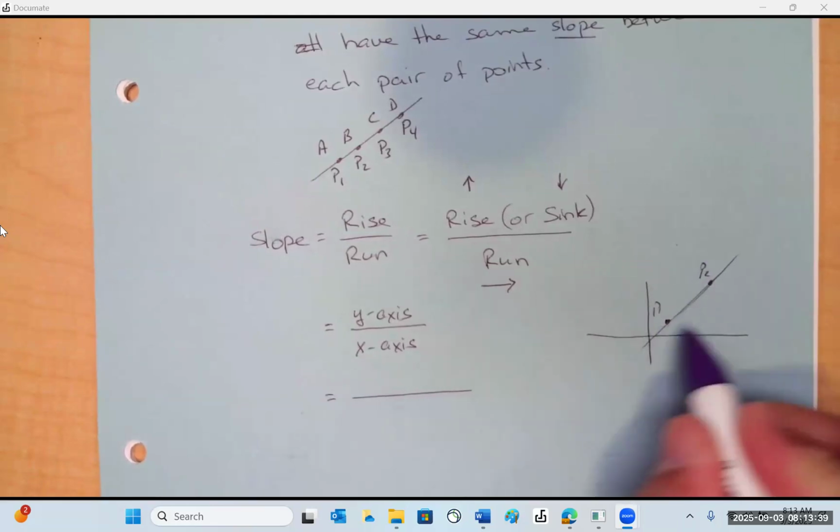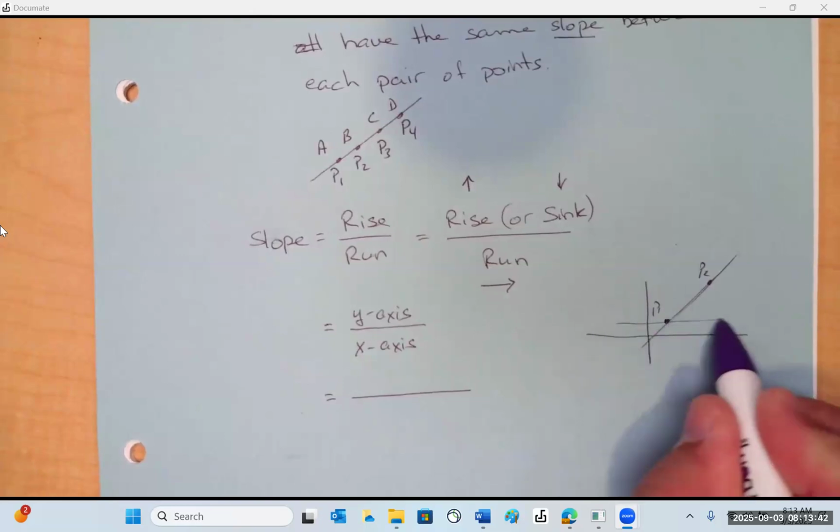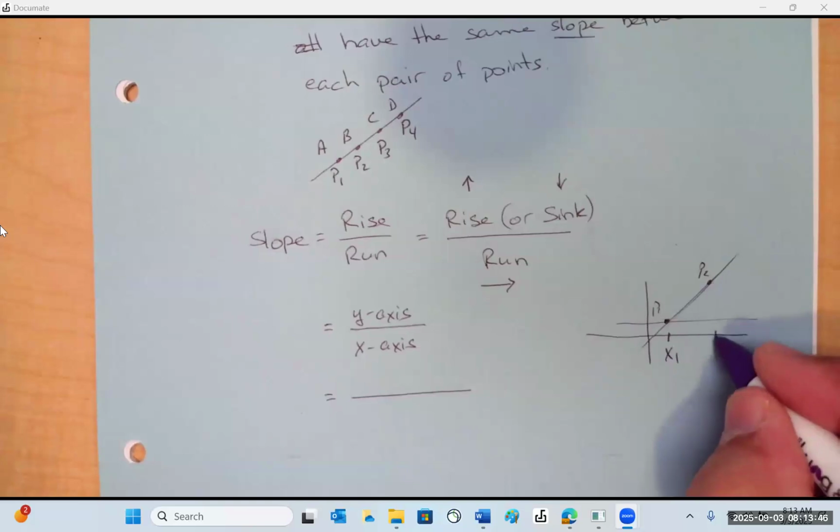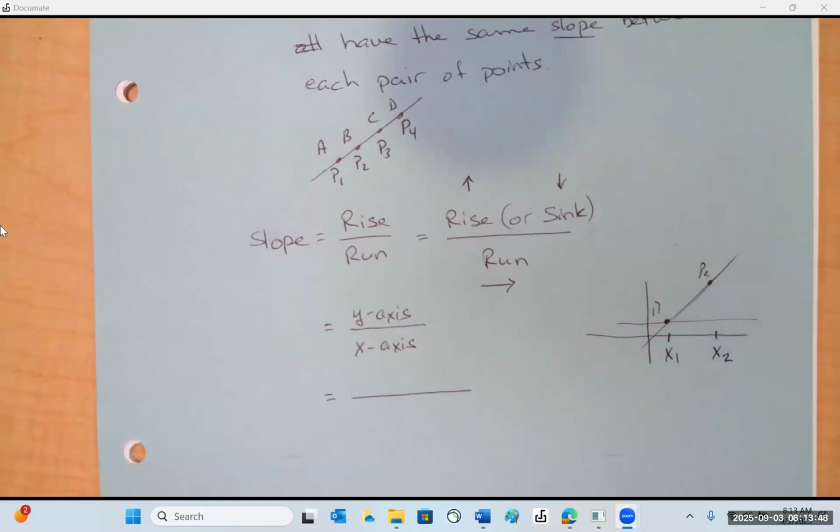So horizontally, what's happening? This is x1, and this is x2. These subscripts, what do subscripts represent? These are called subscripts.